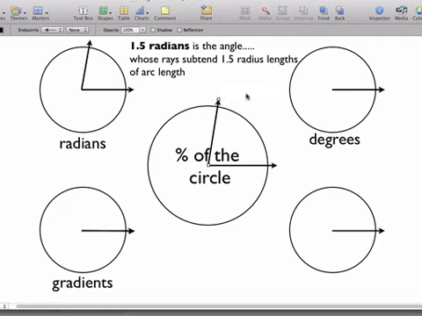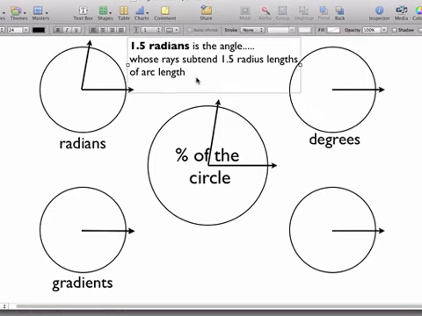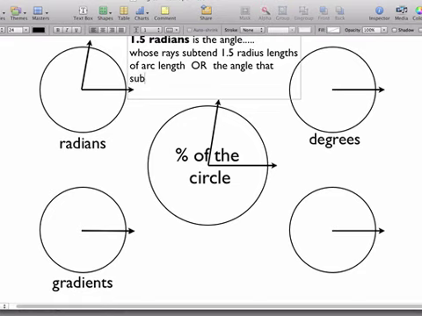What percent of the circle is 1.5 radians? What'd you say? 23.8%. Did you get 23.8%? That's what he got.